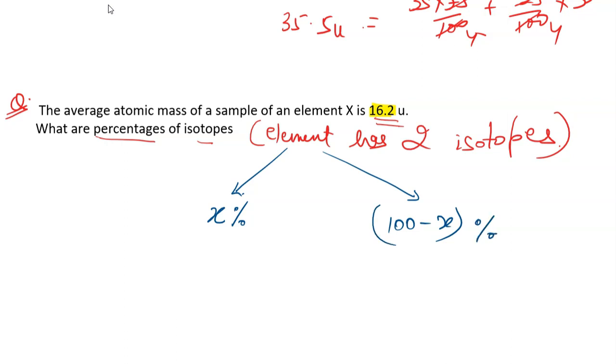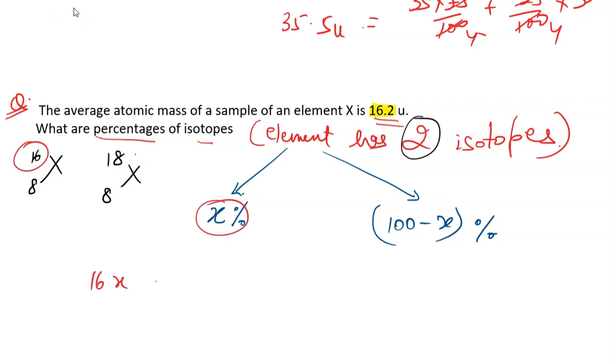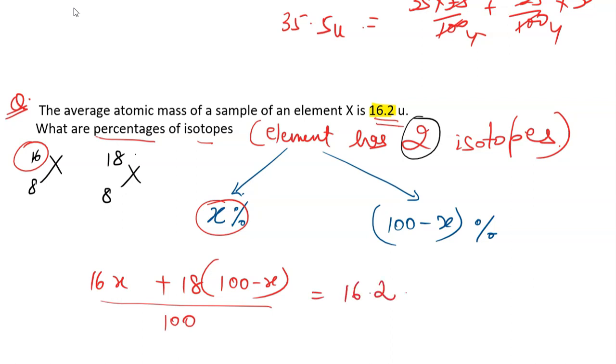Now we can frame the expression here. The two isotopes are X-16 and X-18. So we can frame it: 16 times x plus 18 times 100 minus x, divided by 100, and this will be 16.2.